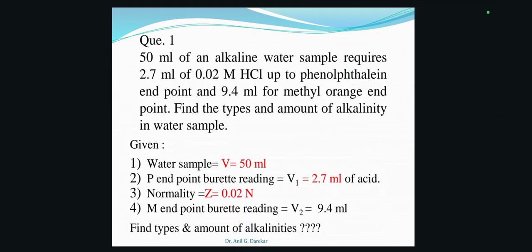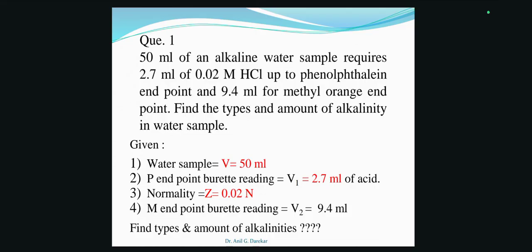So, the example in front of you: a 50 ml alkaline water sample. The given water sample is how much? 50 ml. Then it required 2.7 ml HCl up to the phenolphthalein endpoint, meaning 2.7 is the value of V1, the burette reading.